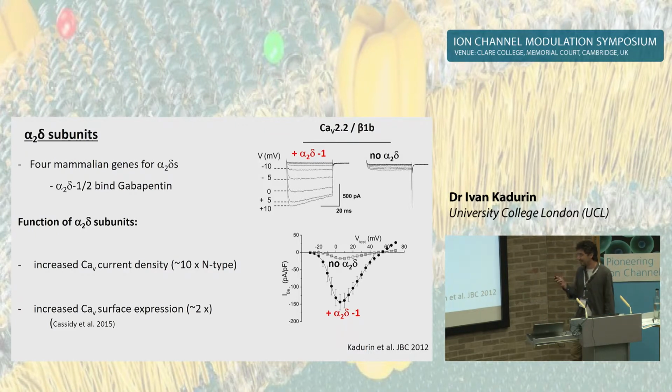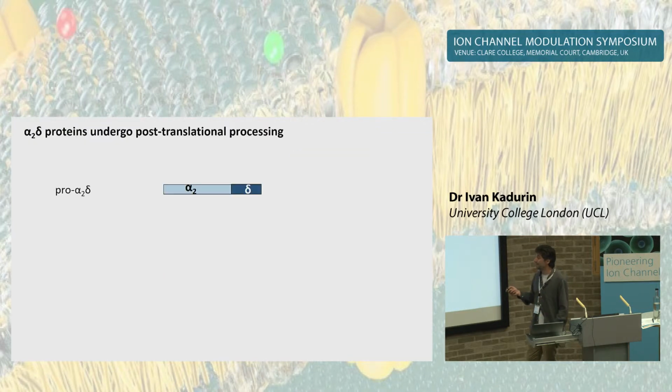Different labs have shown that co-expression of the alpha-2 delta subunit increases the channel protein expressed at the cell surface. But this is not proportional to the huge current increase, and there are very likely other mechanisms involved.